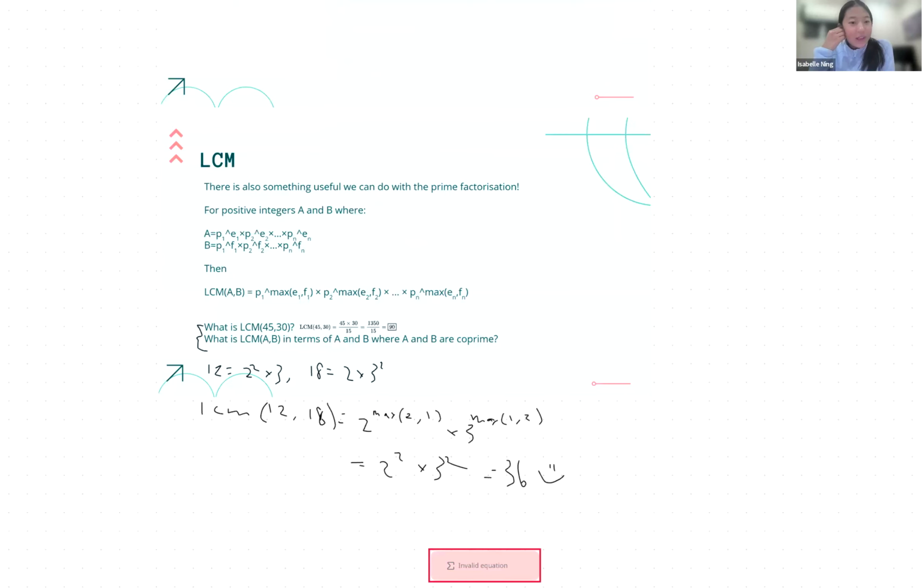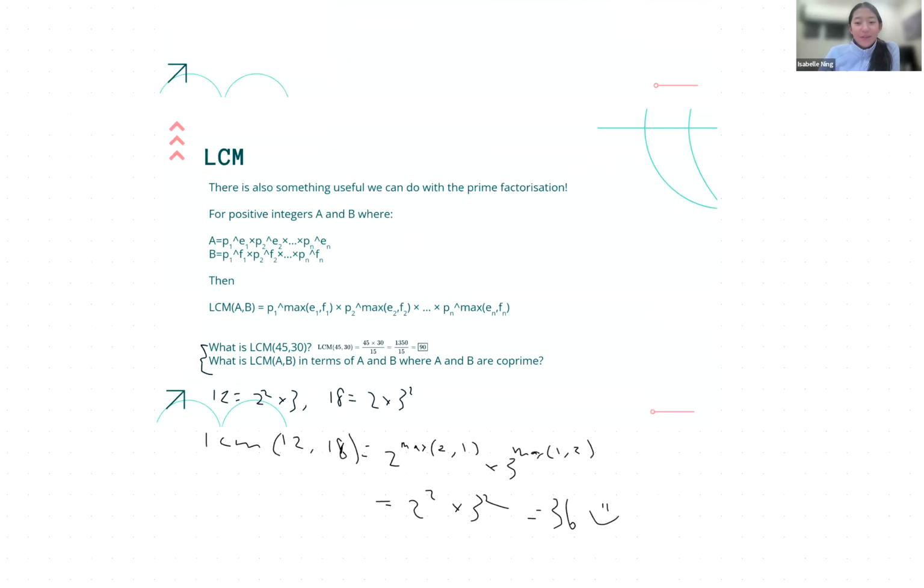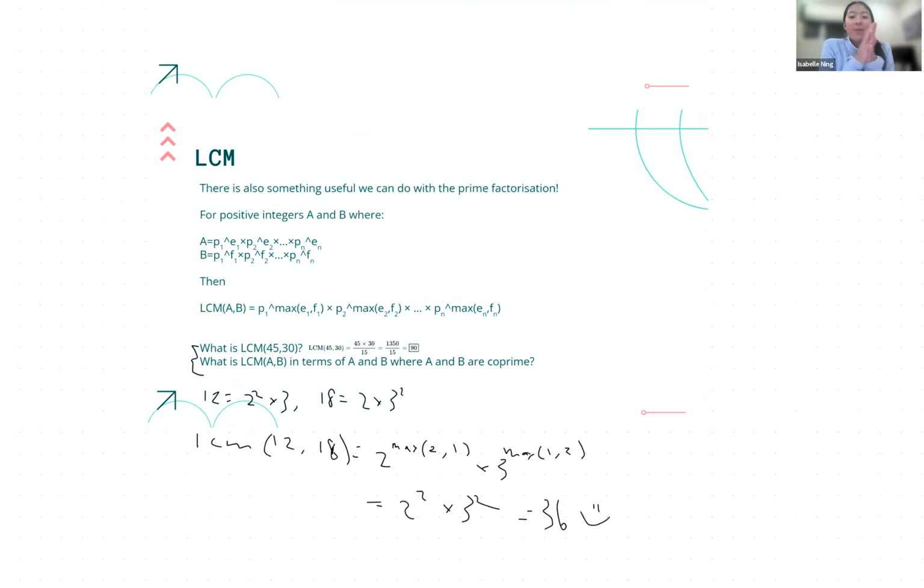But you can think about it another way in terms of what we just covered. Basically, when two numbers are co-prime, it means that they share no common factors, right? So their prime factorization is completely different. So the max of the two numbers would be the one that contains that prime factor.